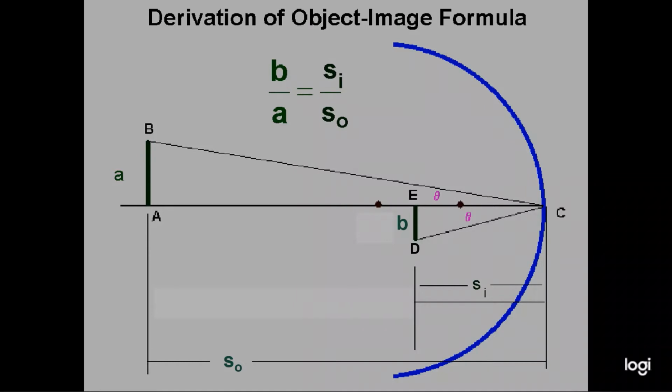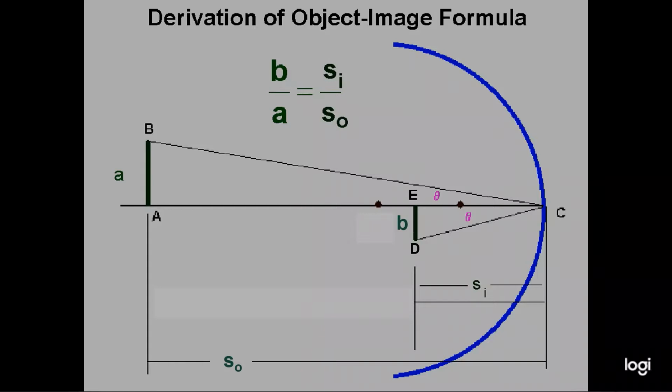It turns out it has the exact same form for the lens, but I'm not going to derive that one. If you want to look at the lens one, just read the book. It's in the book. There are a lot of approximations made, and it's kind of long, and I really don't want to go through it. But if you're interested, please go ahead and study the derivation carefully.